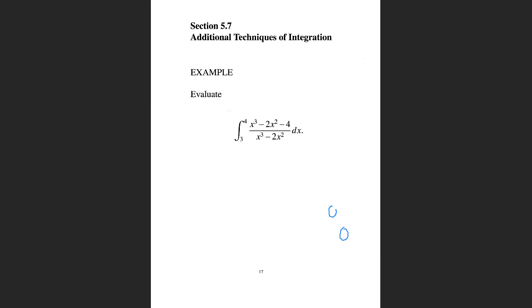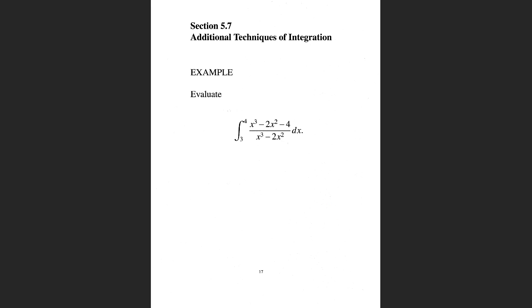That's what you've seen so far. But here we have a situation where both polynomials in the numerator and the denominator have the same degree. So in this situation, we cannot do partial fraction expansion yet. What we have to do is actually divide.